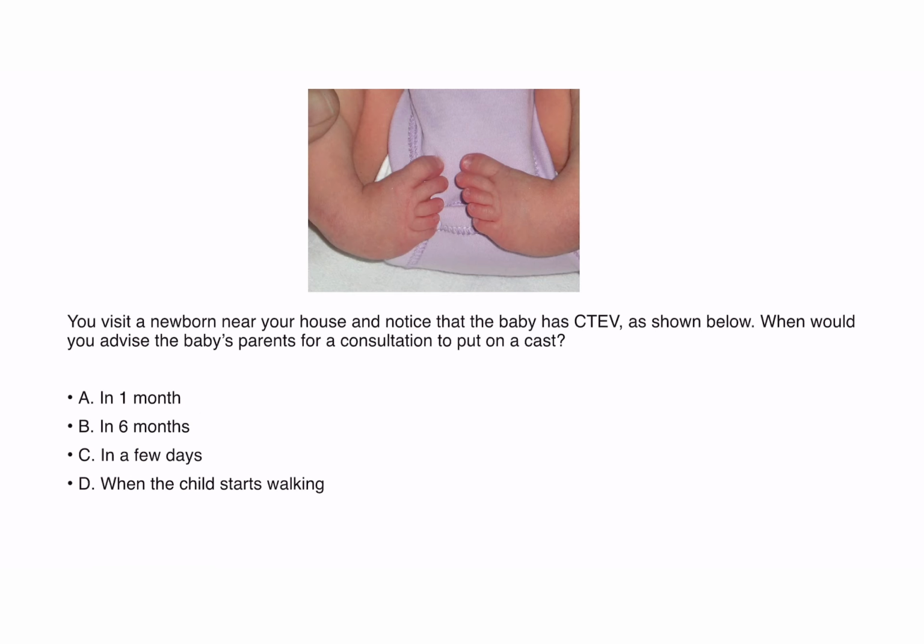You visit a newborn near your house and notice that the baby has CTEV. So when would you advise the parents to go for consultation to put on a cast? As early as possible, right? Within a few days you should go and visit, because the earlier you start, the better the prognosis. The first thing that you would correct is cavus, the next thing you would correct is adduction, and the next thing you correct is varus.